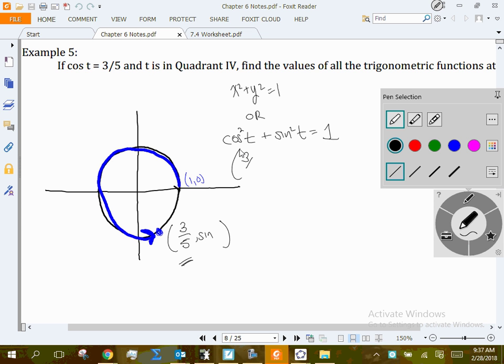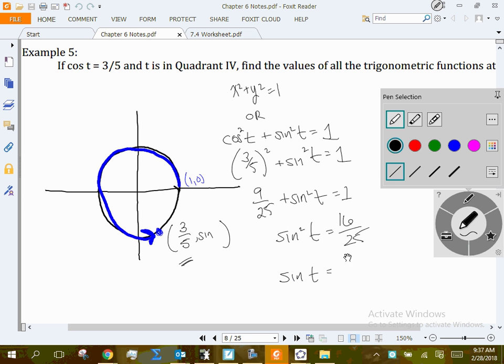I put that in here and say 3/5 squared, plus sine squared t is equal to 1. So 3/5 squared is 9/25. What's sine squared t going to equal? 16/25. So then what's sine of t going to equal? 4/5. And the sine of t is the y value here, right?